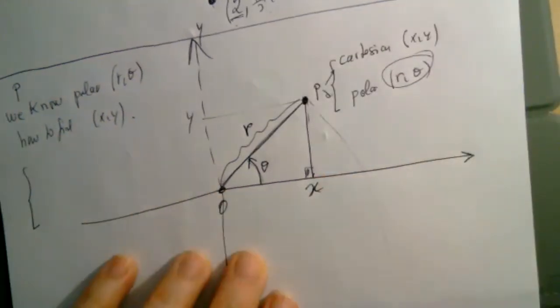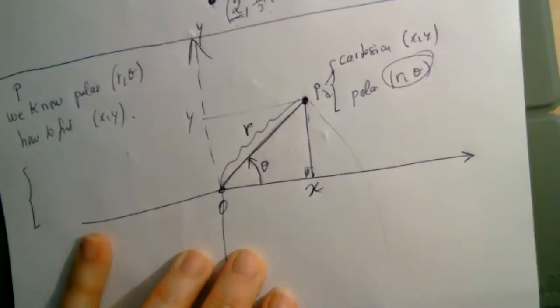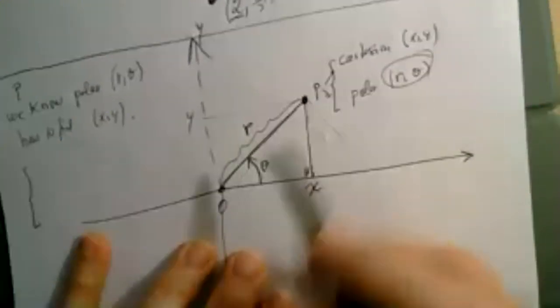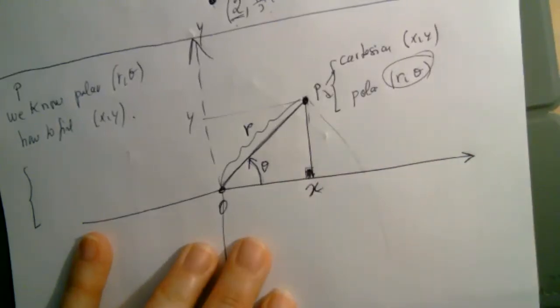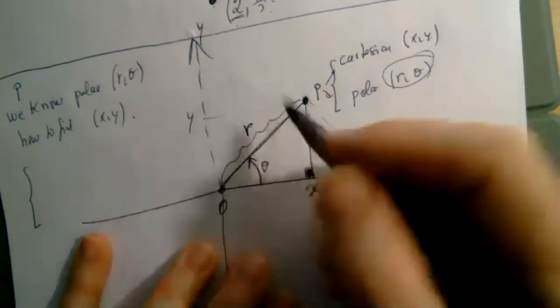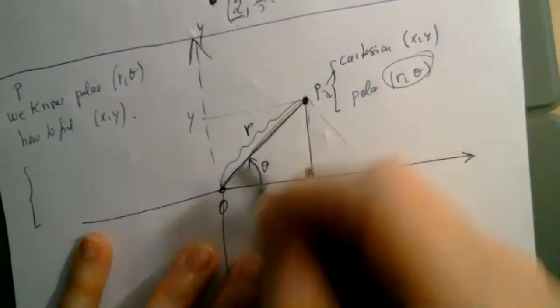So I want you to use basic trigonometry. What is the x in terms of r and theta? If I give you r, I give you theta, and this is a right triangle, can you give me the x quickly? I know the hypotenuse, I know the angle.